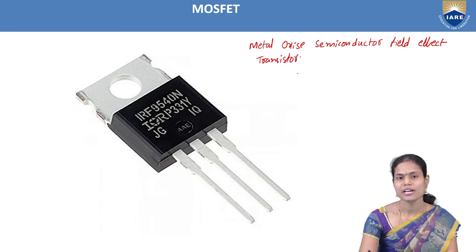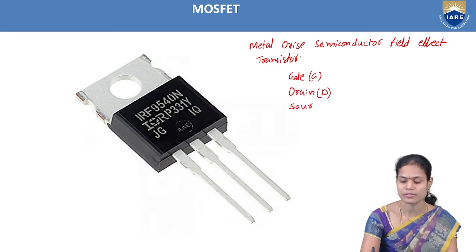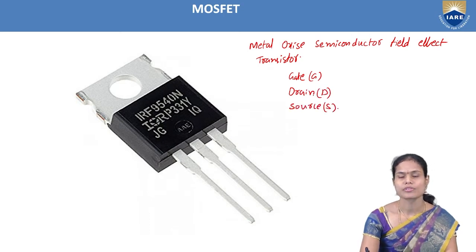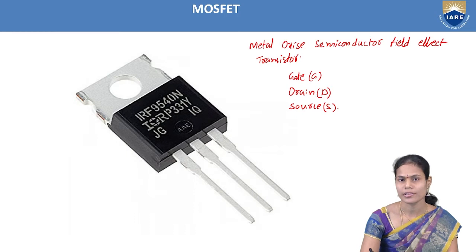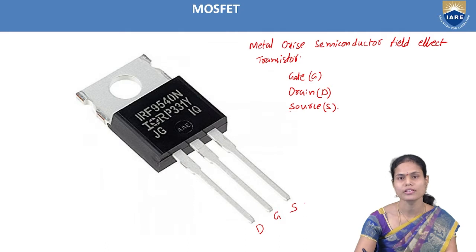MOSFET consists of three terminals: gate, drain, as well as source terminals. If you take any type of MOSFET, that may be junction MOSFET or enhancement MOSFET or depletion MOSFET, it consists of three terminals: gate, drain, and source terminals of the MOSFET.